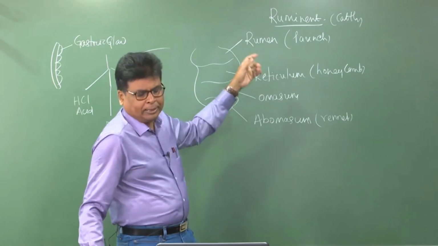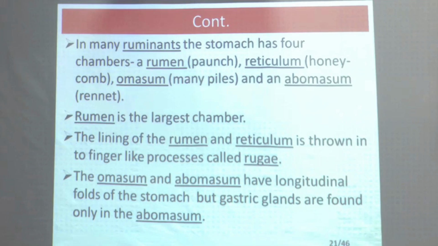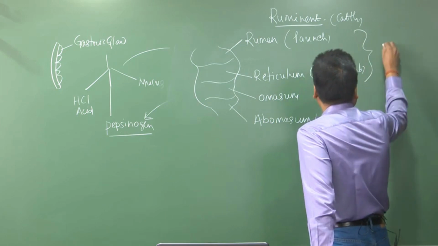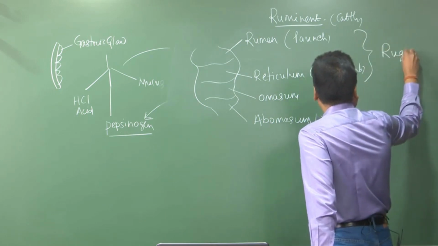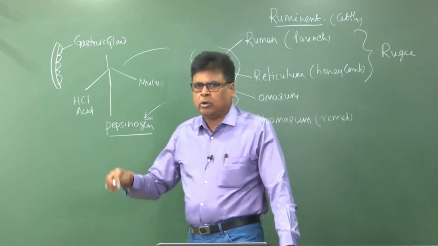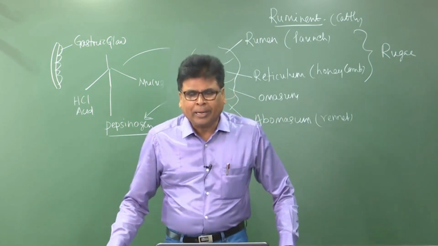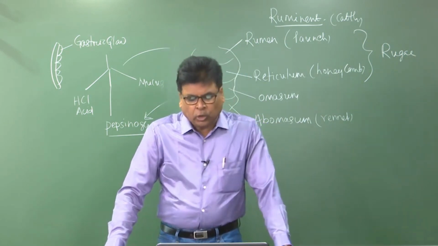The internal lining of the rumen and reticulum is thrown into finger-like processes that are called rugae. So, this is rugae, the finger-like projections coming from the wall of the what? Rumen and reticulum, that is known as rugae.